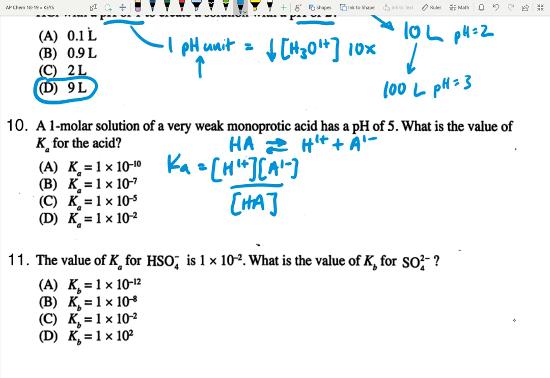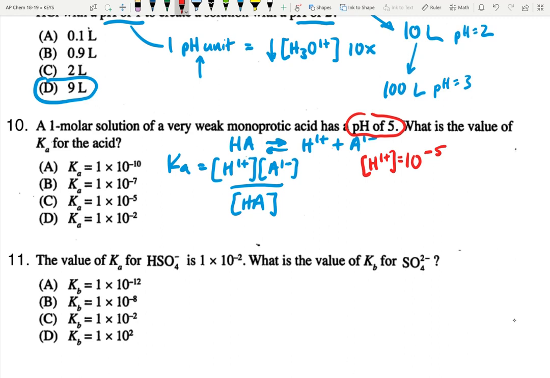If it's got a pH of 5, remember, that means we take 10 to the negative 5 as our hydrogen concentration. Remember, 10 to the negative pH is our hydrogen ion concentration.